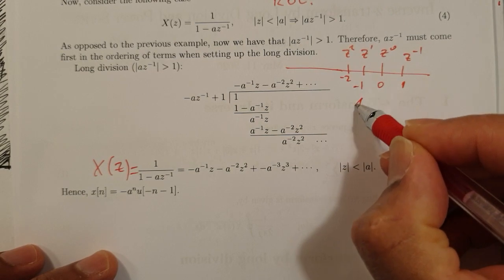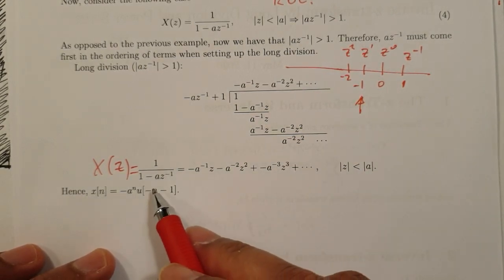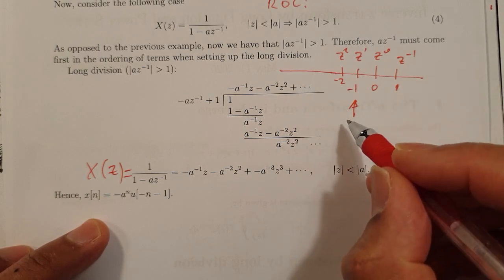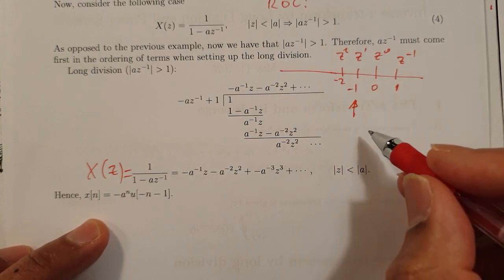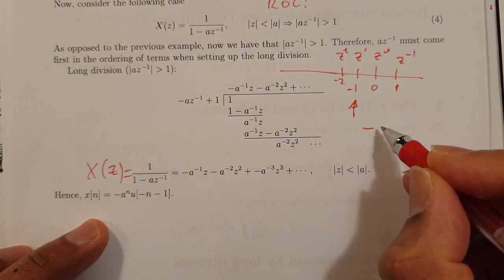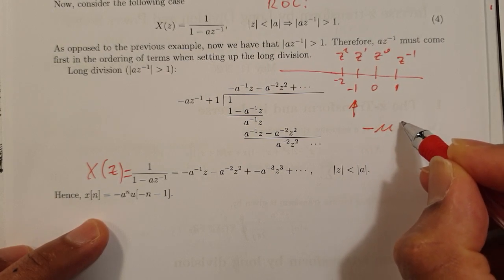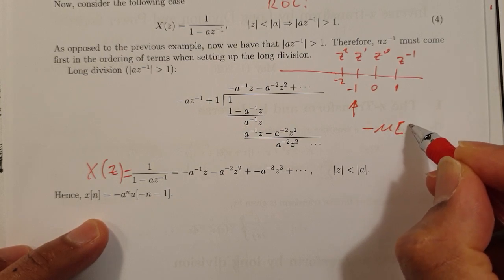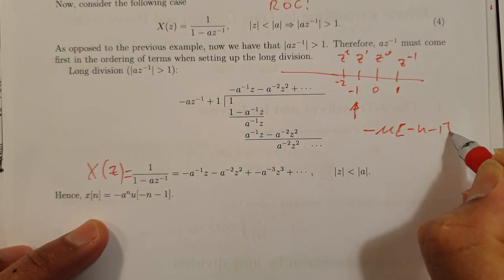So this is a sequence that is starting at negative 1, and it goes towards minus infinity. So this is a unit step that goes like this, minus u of minus n minus 1.